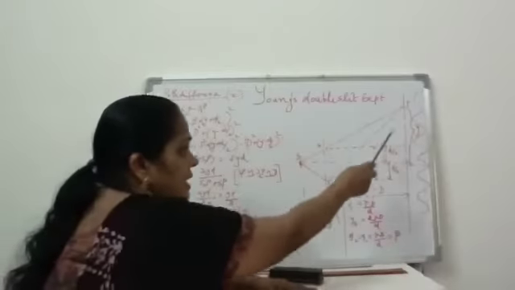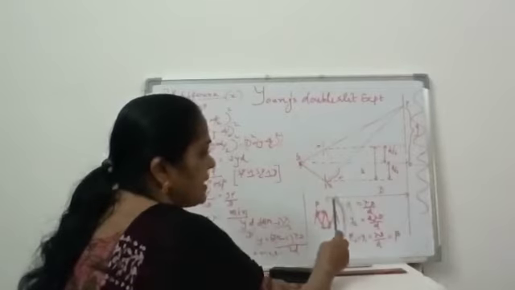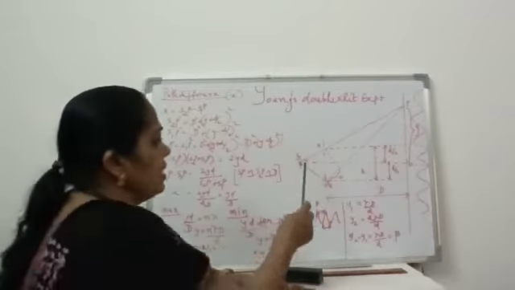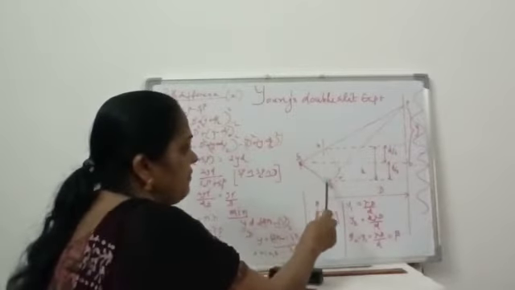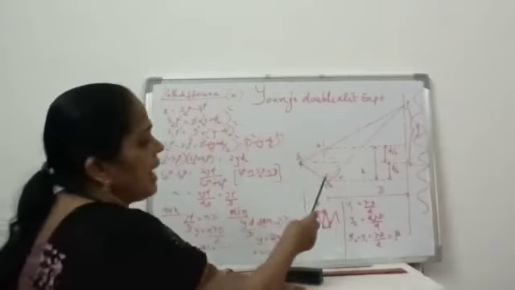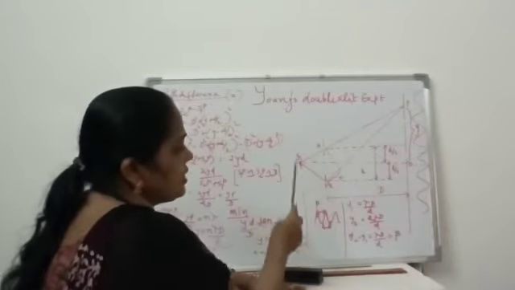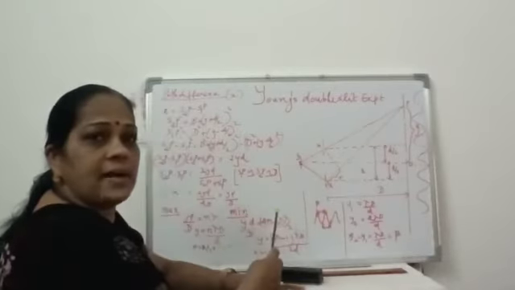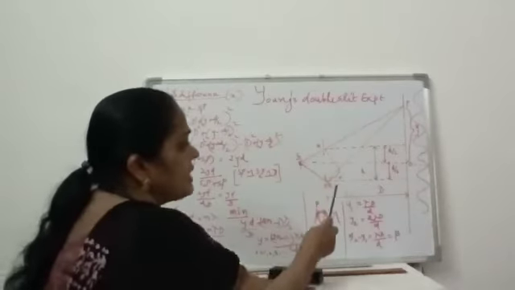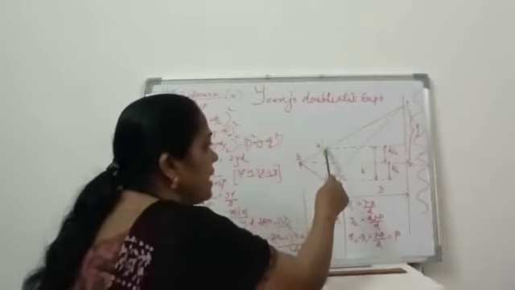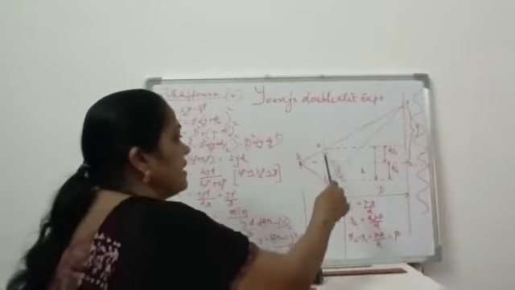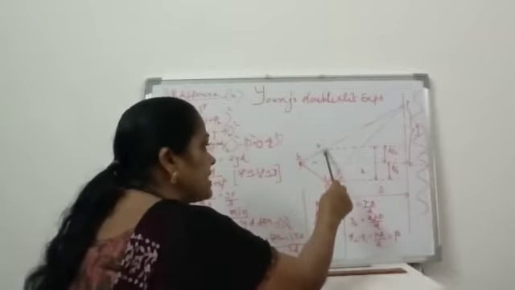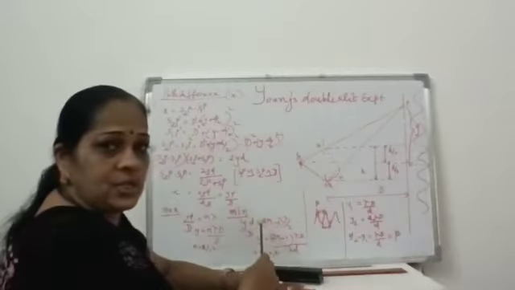Now a screen is placed at a distance capital D from the double slit. The two sources must be very close to each other, and the distance between the two coherent sources, or the two slits, is represented by small d. Now let us calculate the path difference between the two waves coming from S1 and S2.